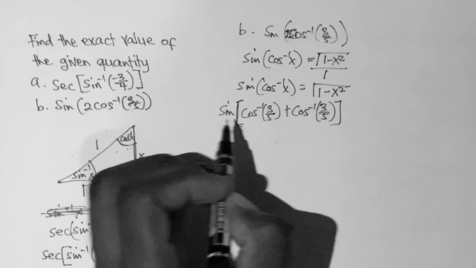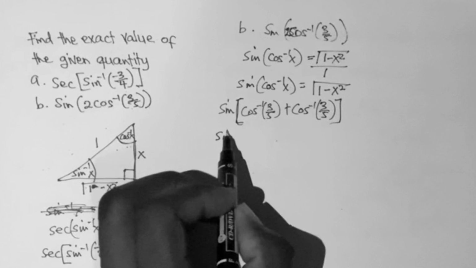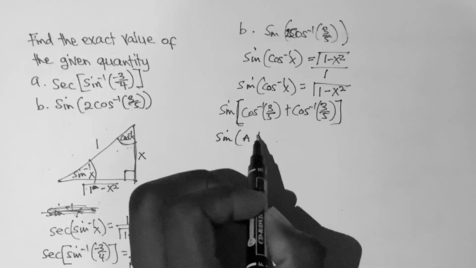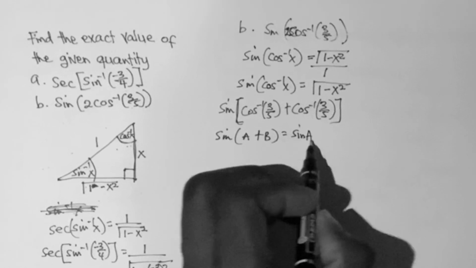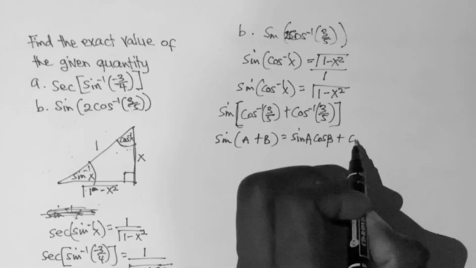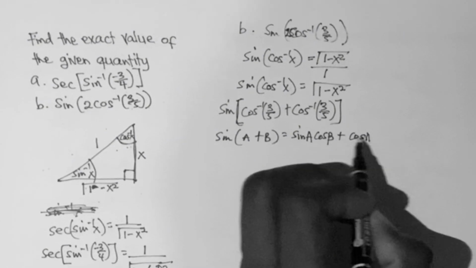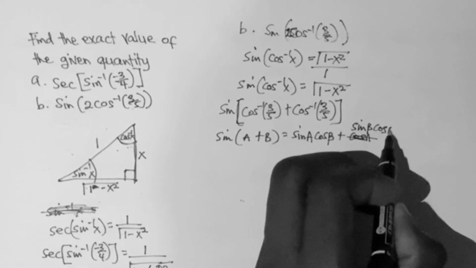Bracket close. So let me use a big bracket. So that based on sine of A plus B, which is equal to sine A cos B, then plus cos A, sorry, let me just say sine B cos A.